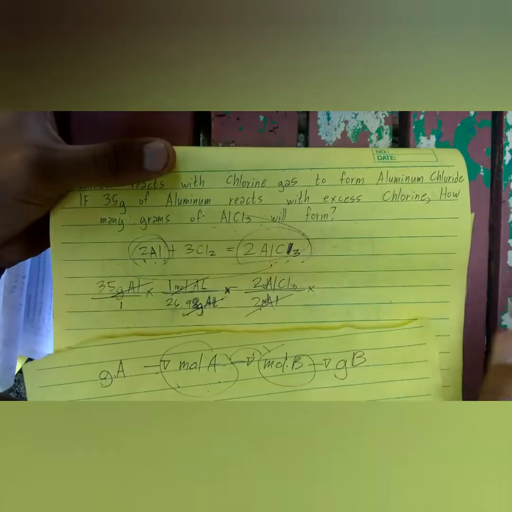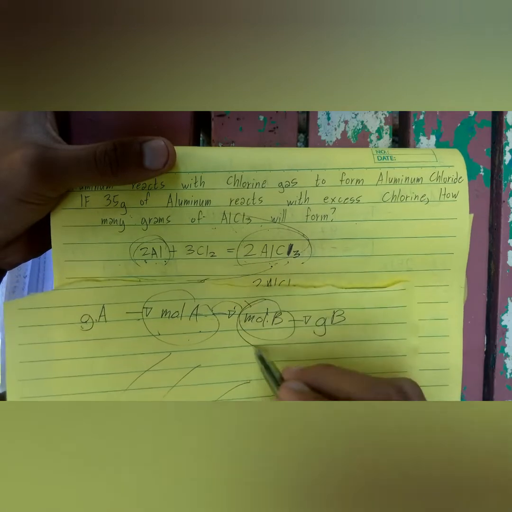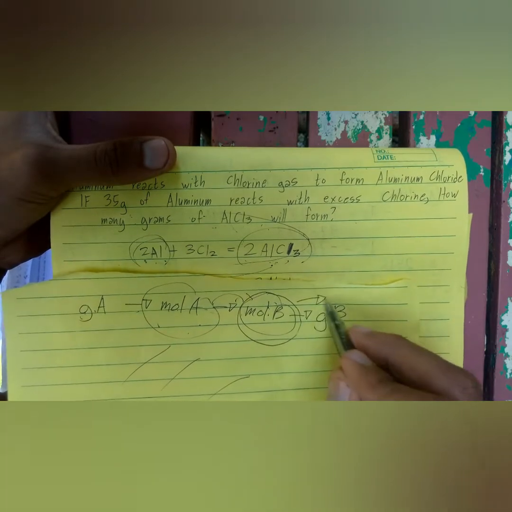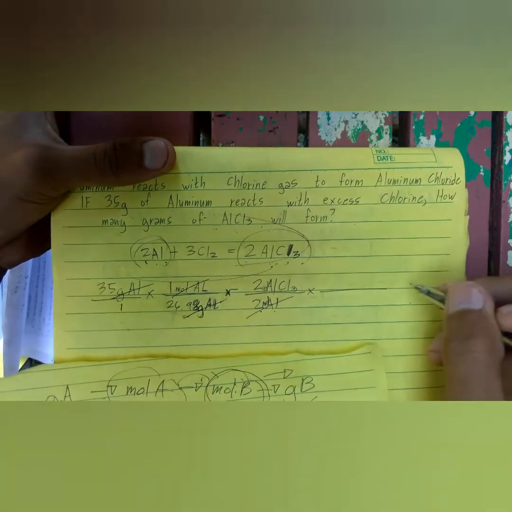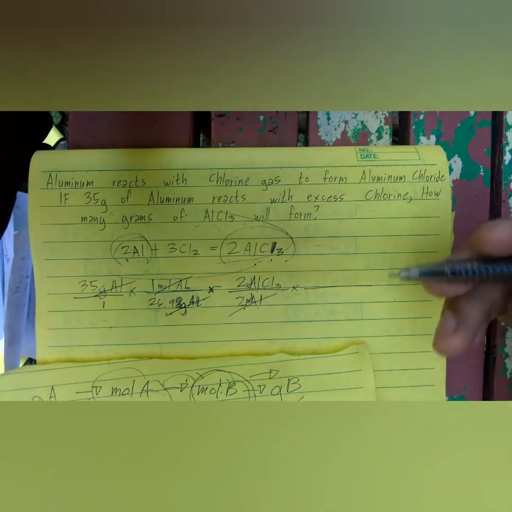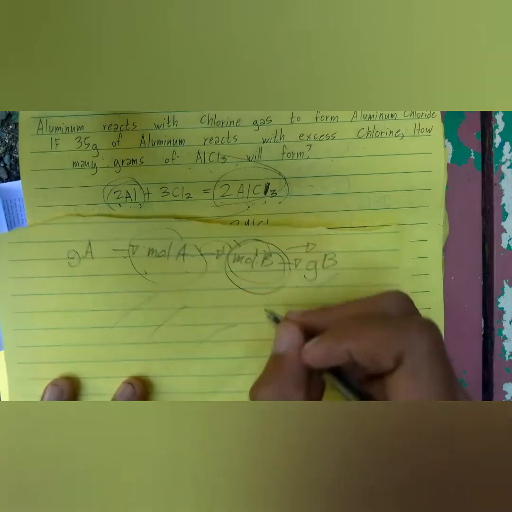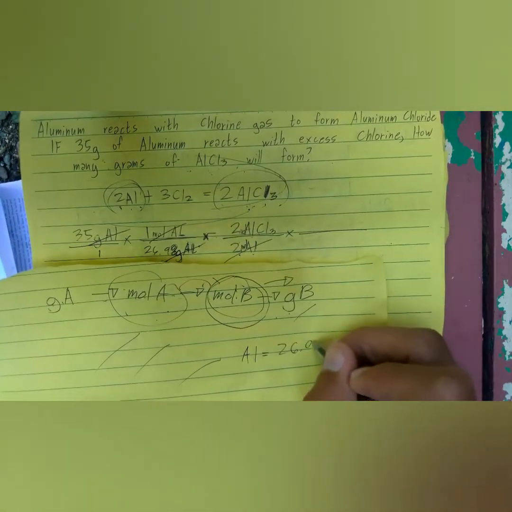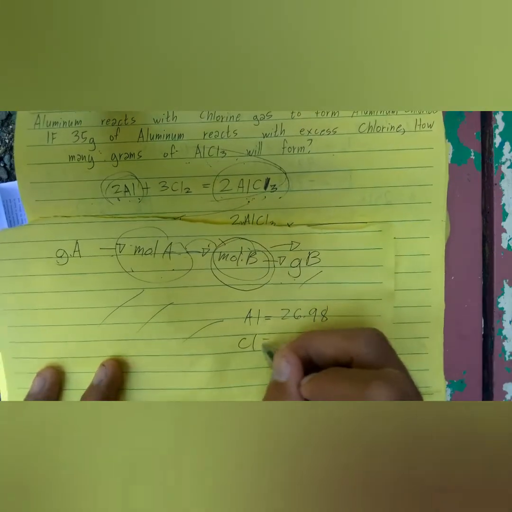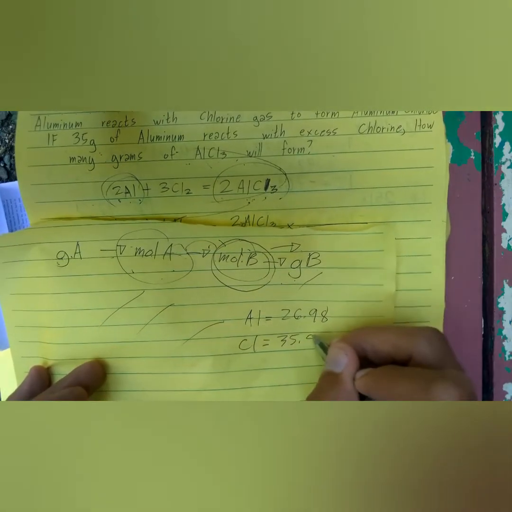And now for the last part. Now we have the moles of substance B. We are going to convert it to the grams of substance B. So look again in the periodic table for the atomic mass of aluminum and chlorine. Aluminum has an atomic mass of 26.98 and chlorine has 35.45.